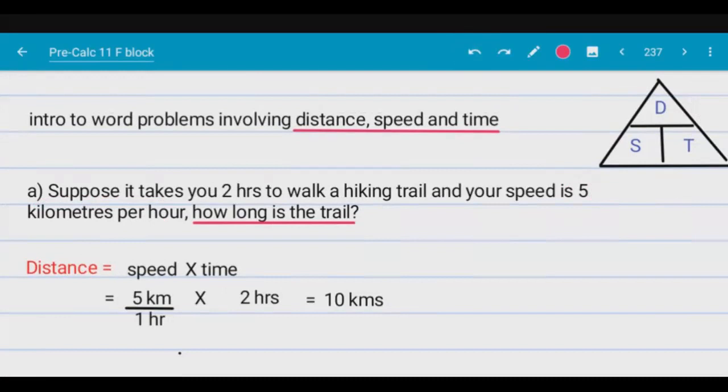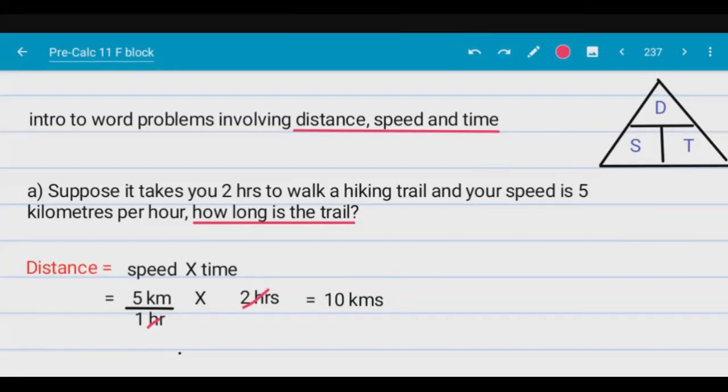So it can be written as a fraction, 5 kilometers over 1 hour times 2 hours. So when you do this, the word hour cancels out, leaving you with just 5 times 2, which gives you 10. That's where the 10 kilometers comes from. Obviously, if you're walking 5 kilometers per hour, it takes you 2 hours, so you would have covered 10 kilometers.